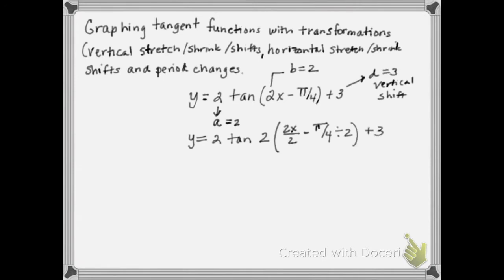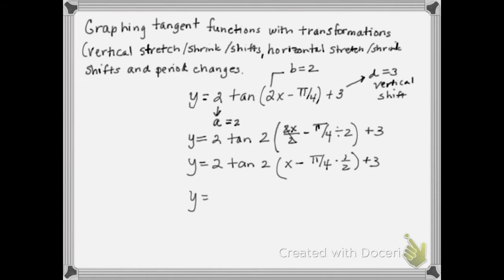I want you to actually know how to factor a problem like this. So this is going to be 2, and then 2x divided by 2 will be the x, minus pi over 4 divided by 2. I'm just going to work it out: keep pi over 4, change the division to multiplication, and reciprocate the 2, which is 1/2, plus 3.